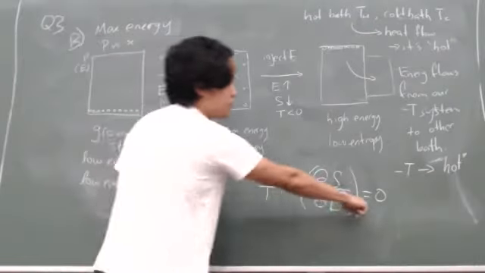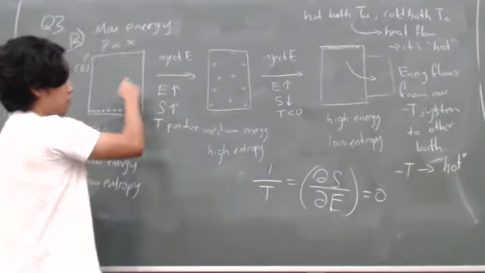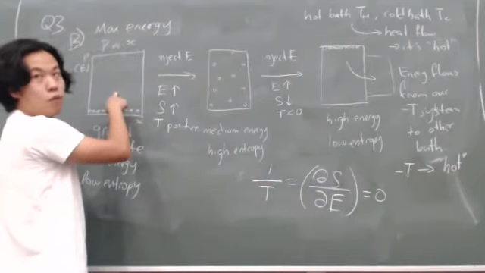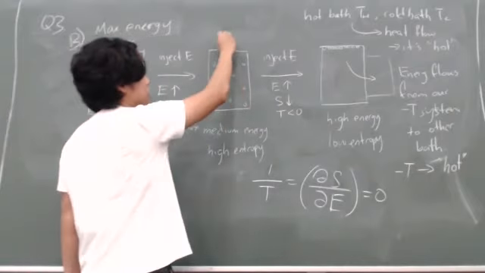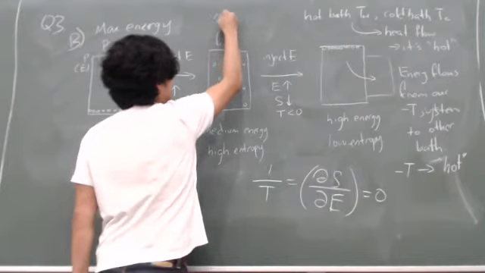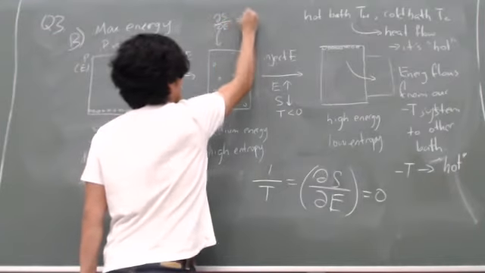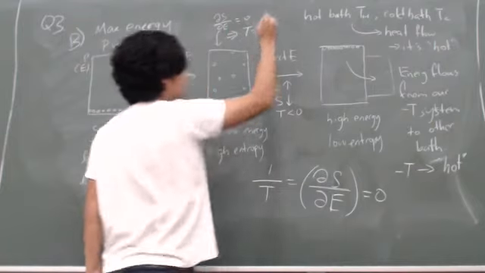So this derivative equals 0. And this is positive on the left-hand side of this initial graph that we drew, and then it starts going negative after it got to this intermediate state. So this intermediate distributed state corresponds to dS/dE equal to 0, and hence corresponds to the T equals infinity state.